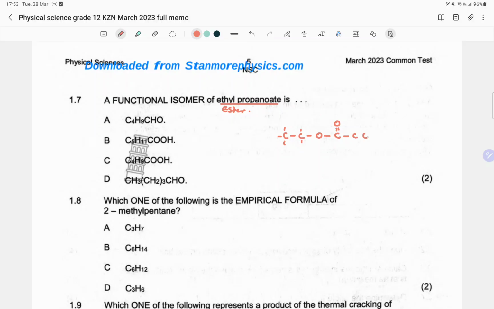So we said propanoate, so it's going to be 3 carbons here, including the carbon that bears the double bond oxygen. So this is 1, 2, 3, 4, 5, 6, 7, 8, 9, 10. So we've got 10 hydrogens here. So now let's look. It says now the functional isomer. Remember, the functional isomer should be a carboxylic acid.